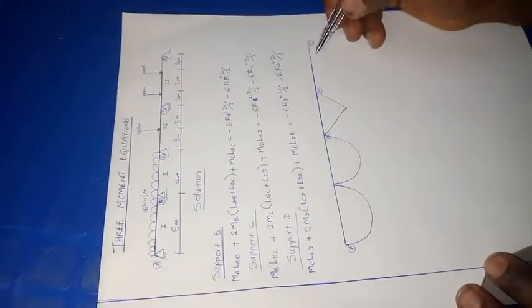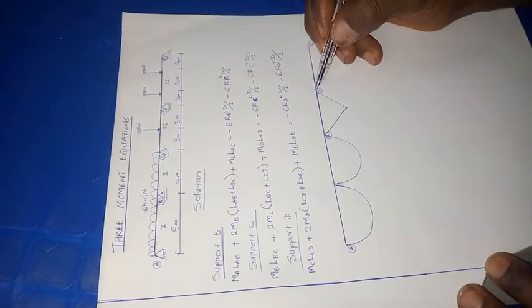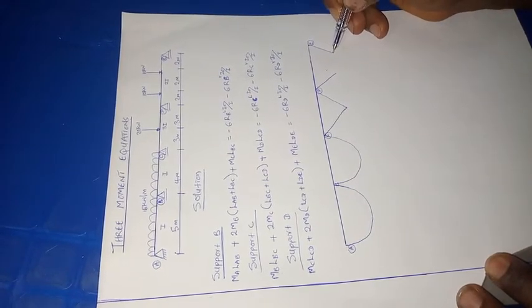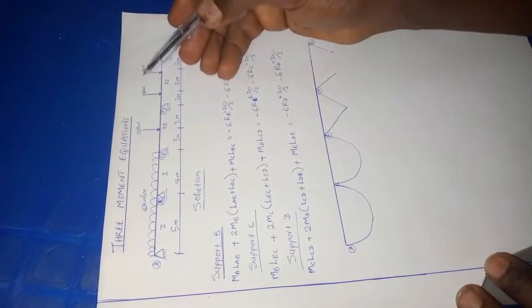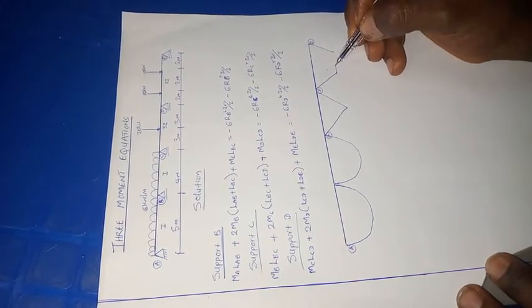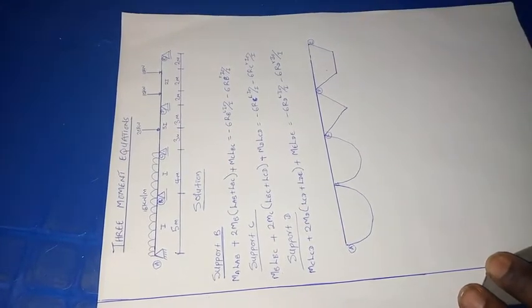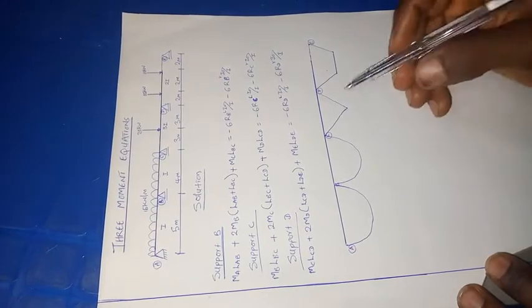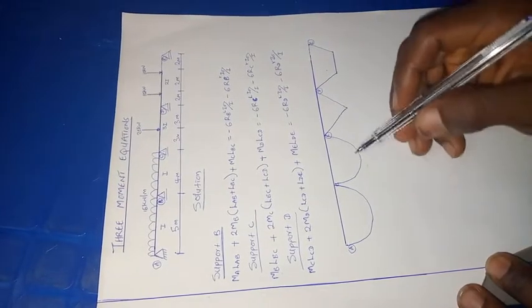At this point I have two loads, so it's going to bend this way and also this way, but because they are carrying the same force, the same 10 kilonewtons, they will both stop at the same point. If I close it, you see that I have a shape that looks like a trapezoid, then this is a triangular shape, and this is a parabola shape.